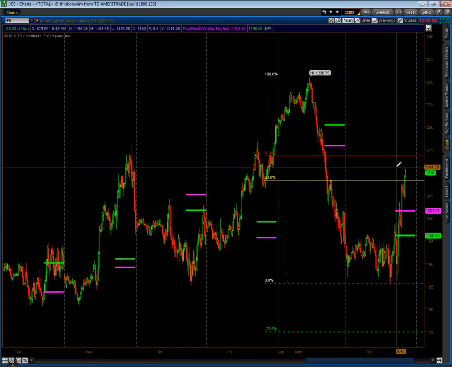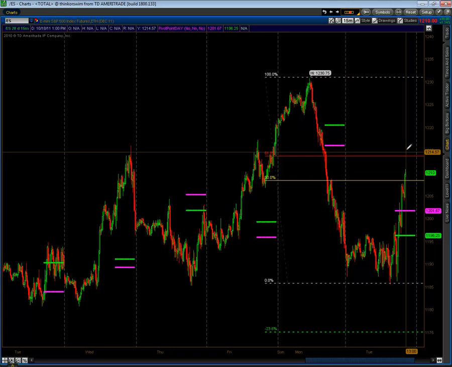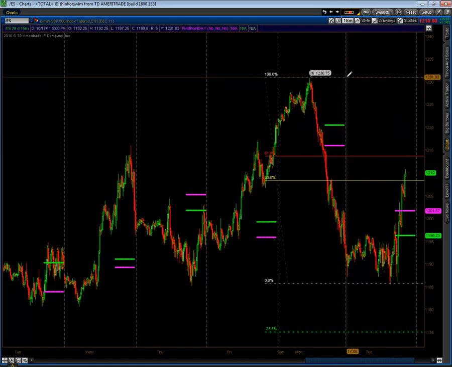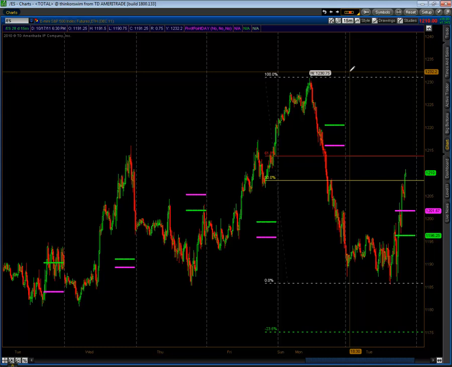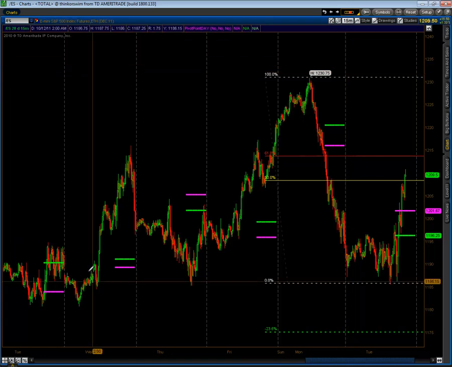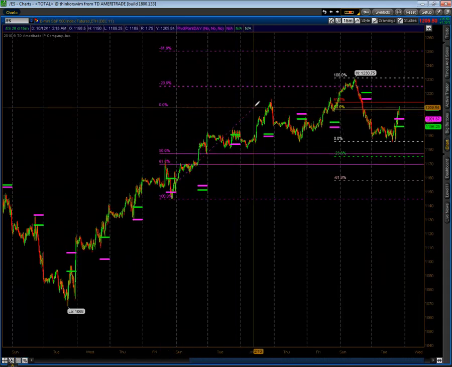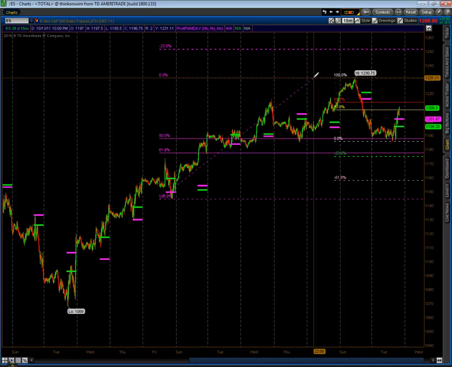Again, this is just a bigger scale, but if this fails, I'm not going to immediately consider it a failure of the short trend. If we get over 1230.75, then I will say, okay, we are still in a long trend. I will zoom out and try to figure out what it is that supported us here.